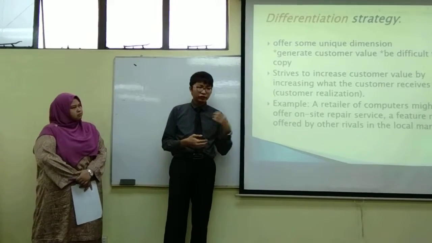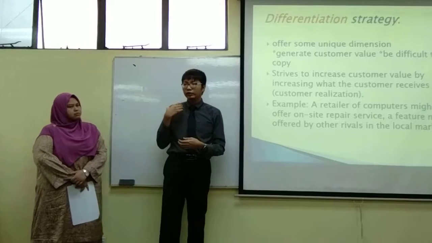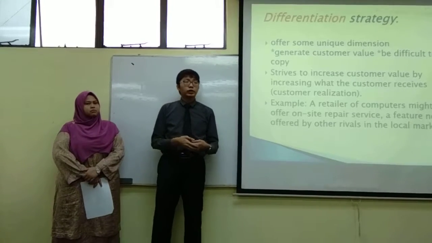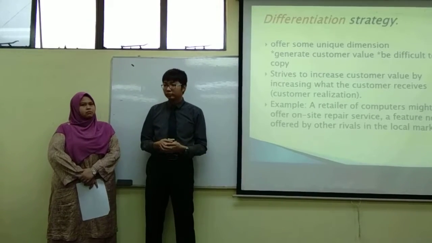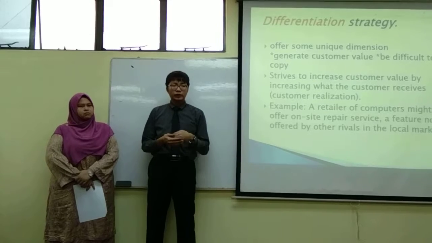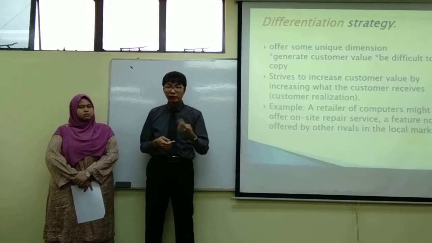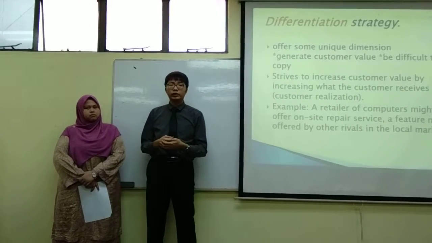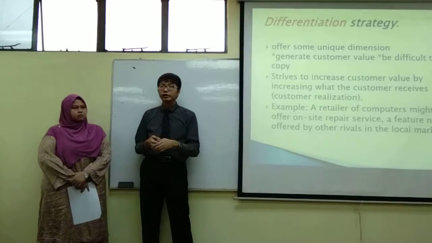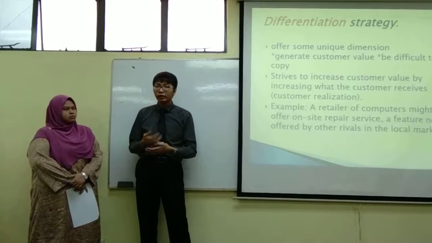Differentiation, as I mentioned just now, means you want to be different from other companies. I took an example like Apple. As we know, recently, one month ago, Apple became the first $1 trillion company. Why?